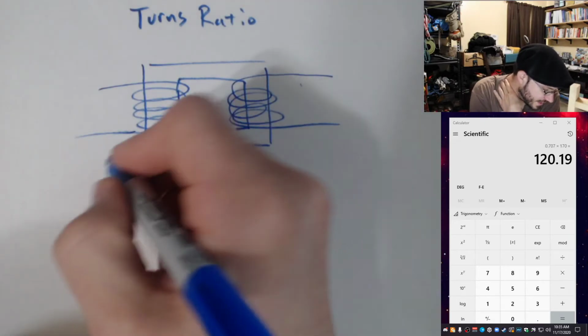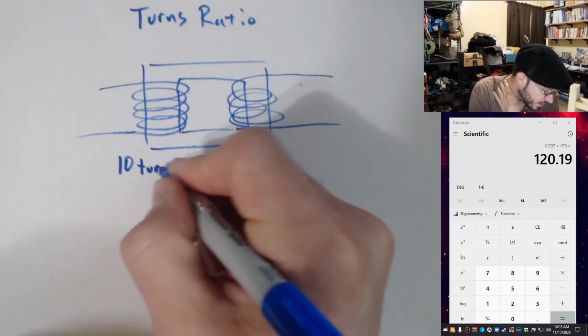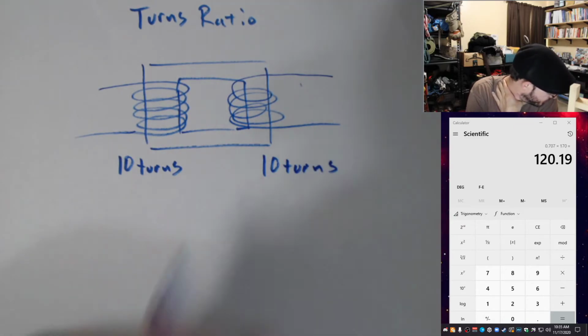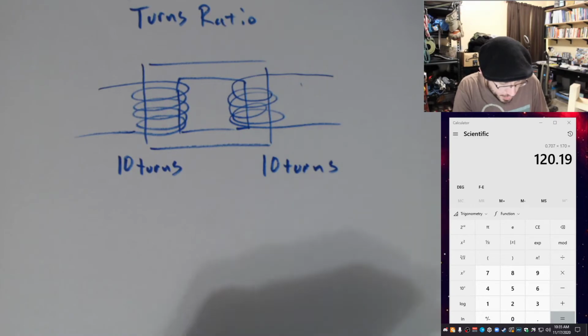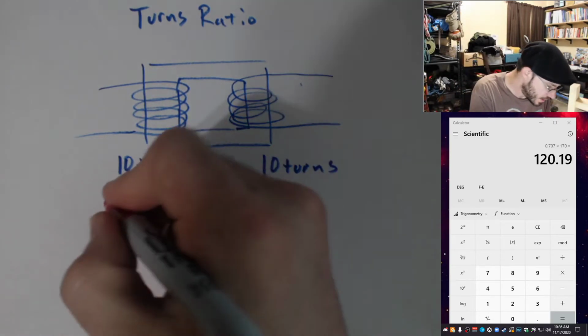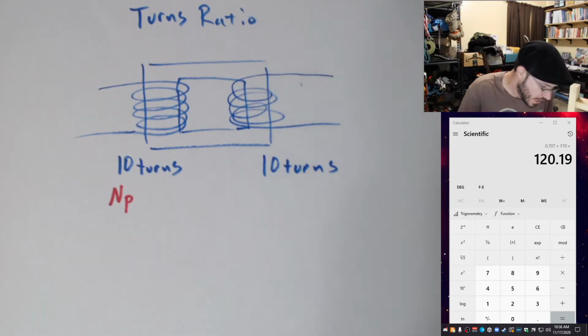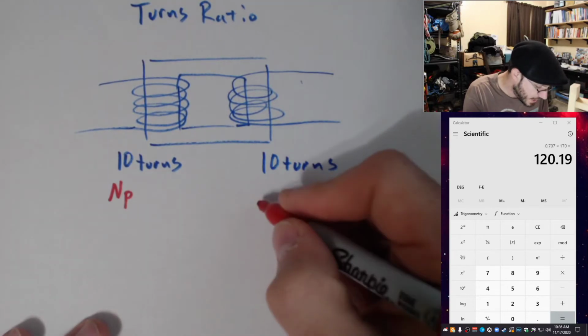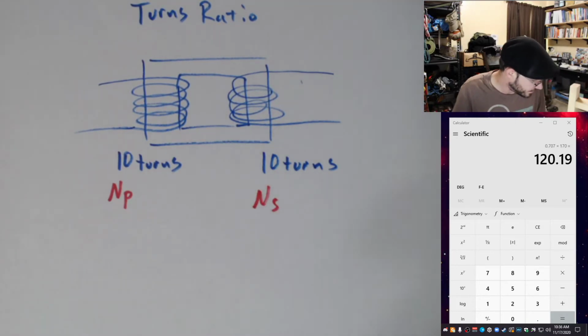Let's say this side has 10 turns, and this side has 10 turns. We can quantify the number of turns on the primary as being N sub p, and the number of turns on the secondary side as being N sub s.